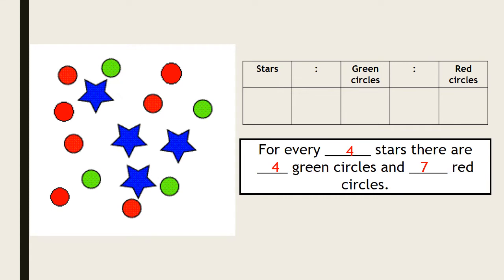So we've managed to complete our sentence looking at the relationship between the stars, the green and the red circles. How would we write that? Well, we'd write 4 colon 4 colon 7. 4 stars to every 4 green circles to every 7 red circles.